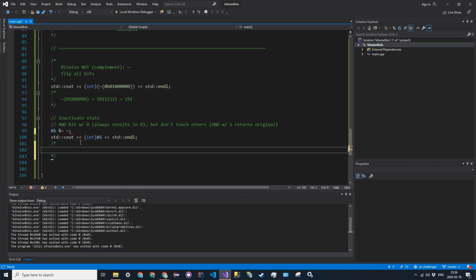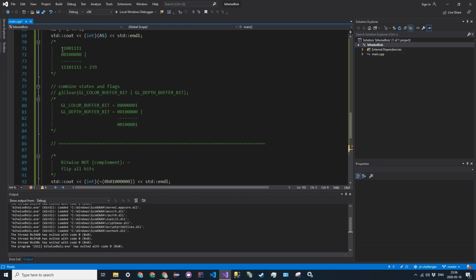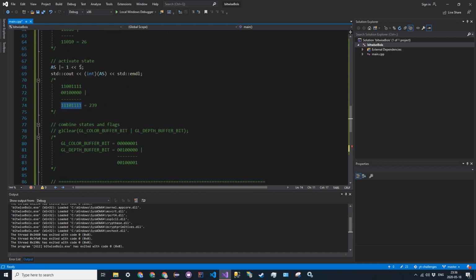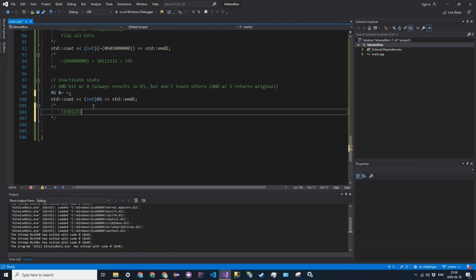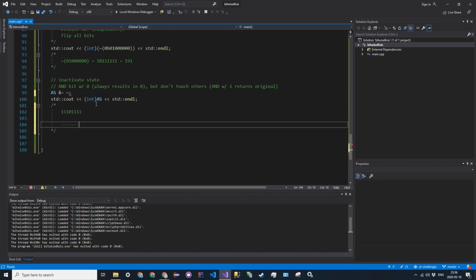All right, so let's look at this on the keyboard. The current one is the updated one, because we did the bitwise OR equals, so we actually updated the value. We want to get the result that inactivates the fifth state, so it's going to give us the original. The way we do that is to AND it with 1 for everything but the bit that we want to inactivate. So 1 1 0 1 1 1 1 1, and then AND it with that. Now, how do we get this?